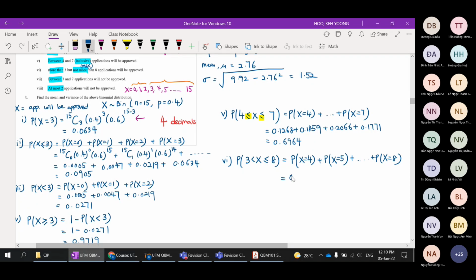Again, refer to the statistical table. I'll just copy down the probabilities.